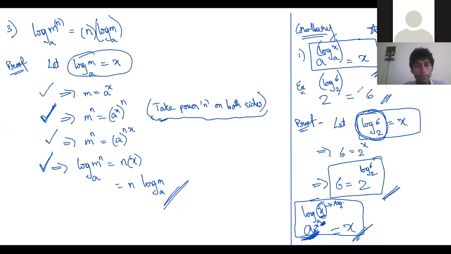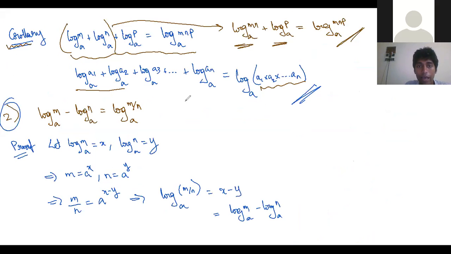Can you explain the second law again? The second law is exactly the same as the first law. In the first law, if you add, they are multiplied. In the second law, if you subtract, they are divided. In the first law, when we added them, they multiplied, m into n.